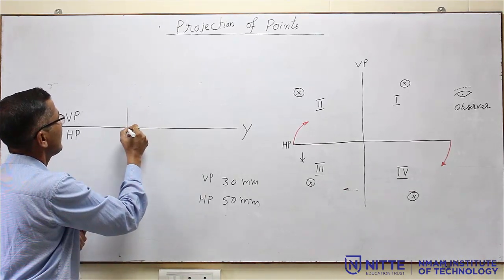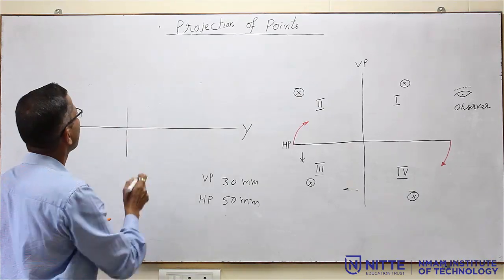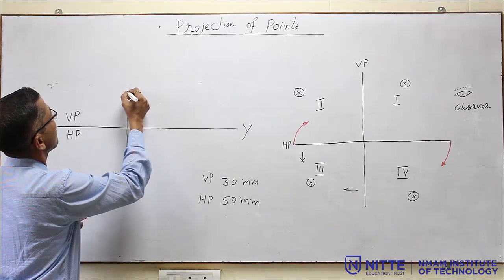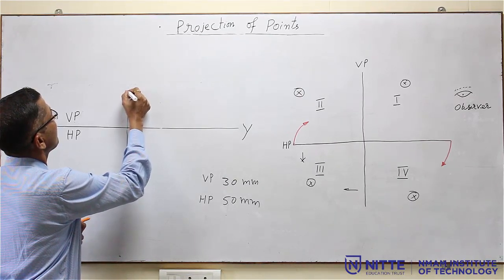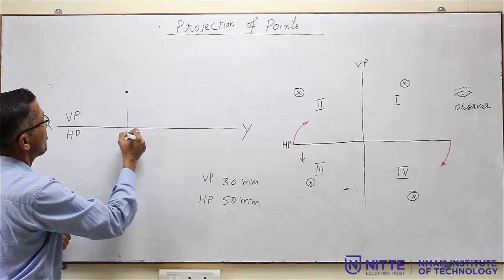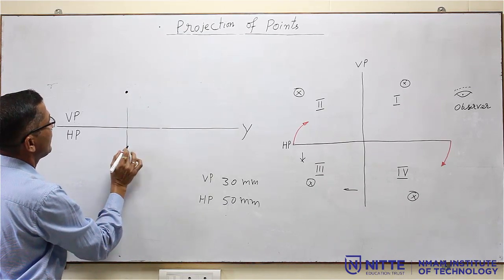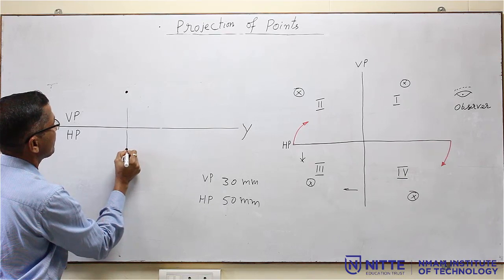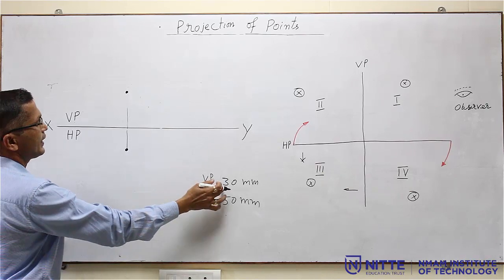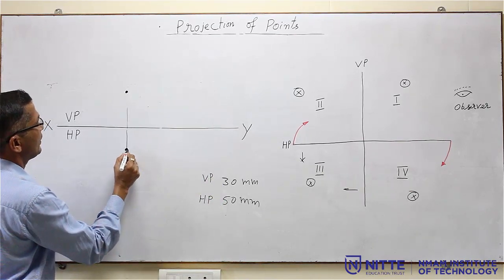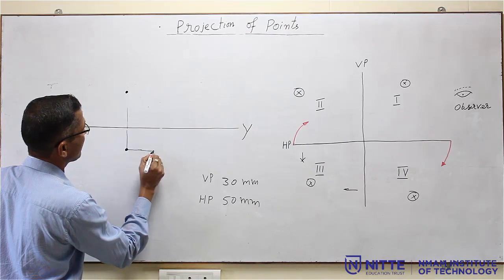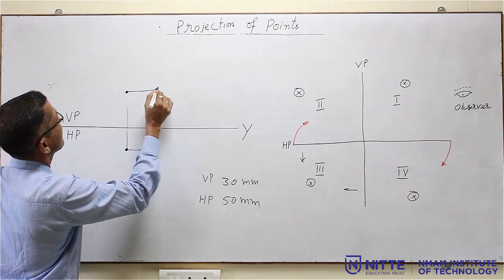On this line you have to measure a distance of 50 mm from the XY line and mark a point like this. Similarly, on the same line measure a distance of 30 mm below the line and mark one more point. Then you have to give the dimensions, this 30 mm and 50 mm. From here you draw a light line, here also you draw one more light line.